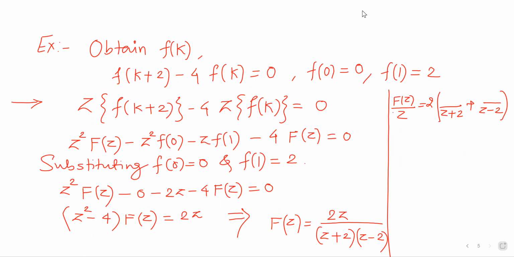So we take minus 1 times this, minus 1 upon this, and here it will be 1 upon this.